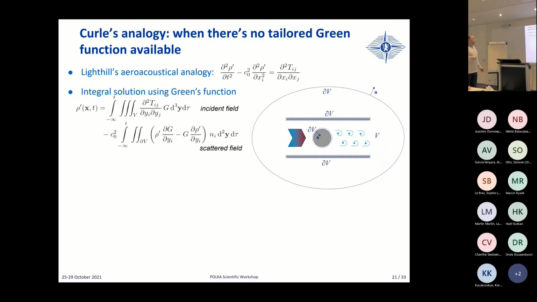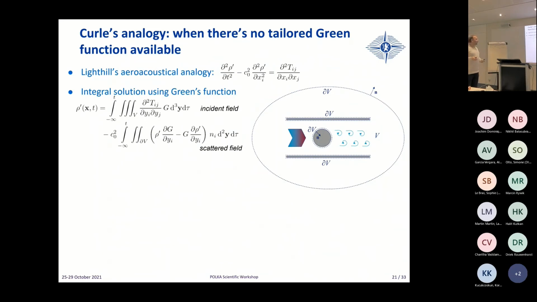And so far, I've only considered the case where I have either a tailored Green function or no solid surface. Now, what happens if you have solid surfaces that are not tailorable? Okay, so you have something that has a geometry like a cylinder within a duct. It's already complicated enough to be non-tailorable. I mean, I don't know of any tailored Green function directly applicable for this.